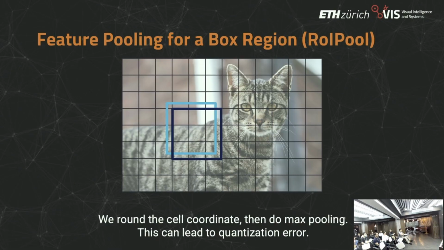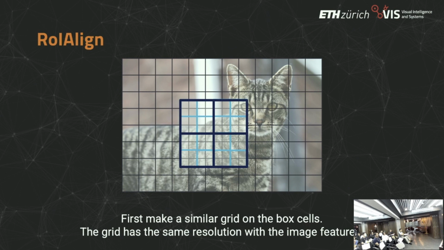So here is an illustration of this process. Again, in ROI pooling, if the blue one is the desired bounding box, we just shift and round it to the nearest box that is aligned with the feature grid and extract the features. But in ROI align, let's say this is our grid, we will first subdivide the grid into smaller boxes.